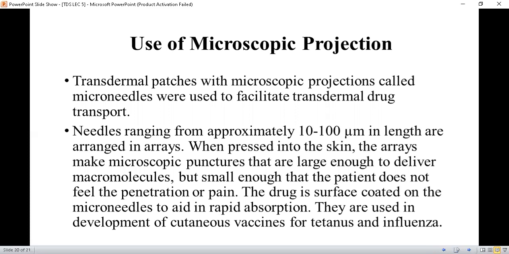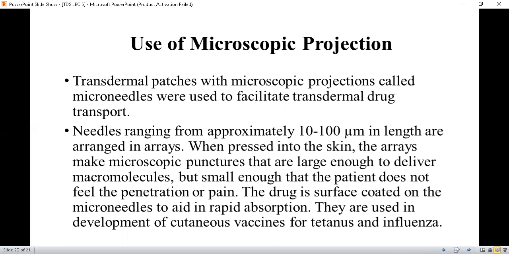When pressed into the skin, the arrays make microscopic punctures that are large enough to deliver macromolecules but small enough that the patient does not feel the penetration or pain. These are also called painless needles. The drug is surface coated on the microneedles to aid in rapid absorption. They are used in the development of cutaneous vaccines for tetanus and influenza.